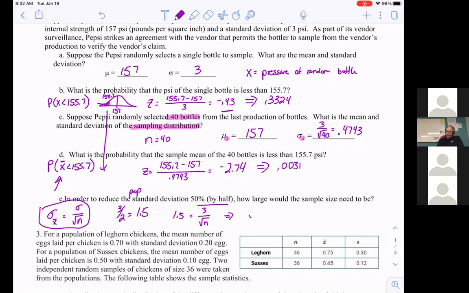Those two things are going to trade places, so we're going to go with 3 and 1.5. This becomes the square root of n equal to 2, and that means that n has to be 4. So we really don't need a large sample at all to do that.